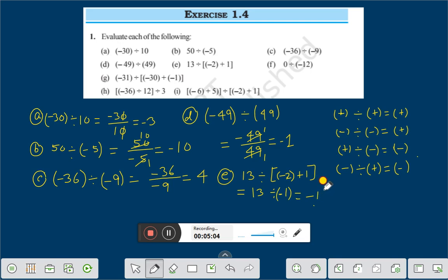Minus 13 is the answer. E. We'll solve question number F.